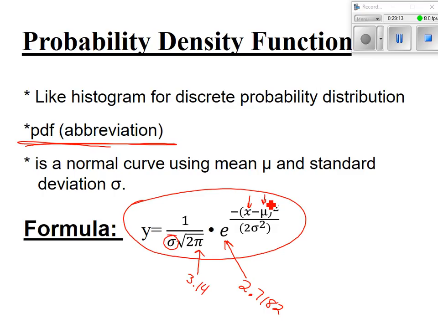So what this probability density function is, when we were doing histograms, maybe our histogram looked like this, and they ask, what's the probability that Johnny's score was at or below that?